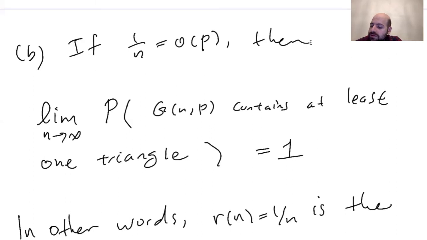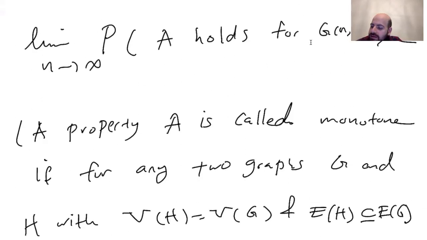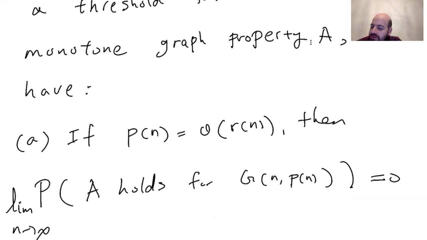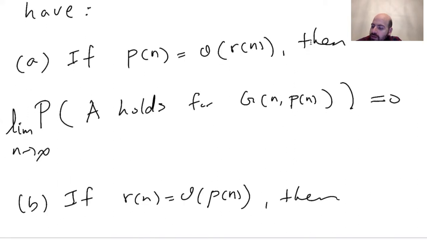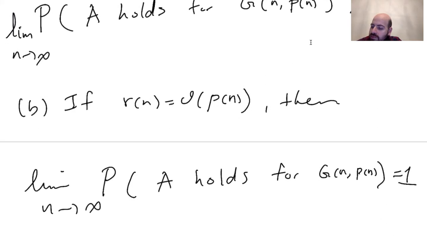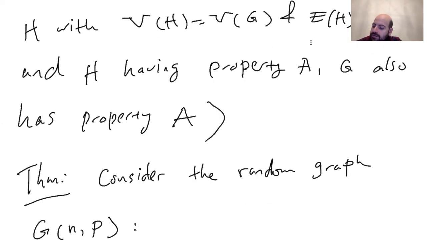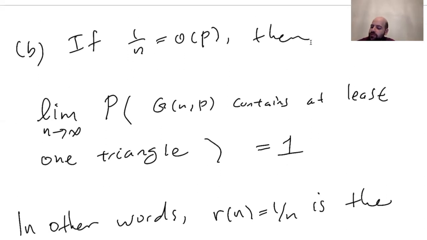Okay, so this exactly matches the definition we gave for the threshold function. If p is much smaller than r of n, then the probability that A holds is 0 as n goes to infinity. If r is much smaller than p, the probability that A holds is 1. If we prove these two things, it matches the definition of threshold function, and this means that for having a triangle, the threshold function is 1 over n.